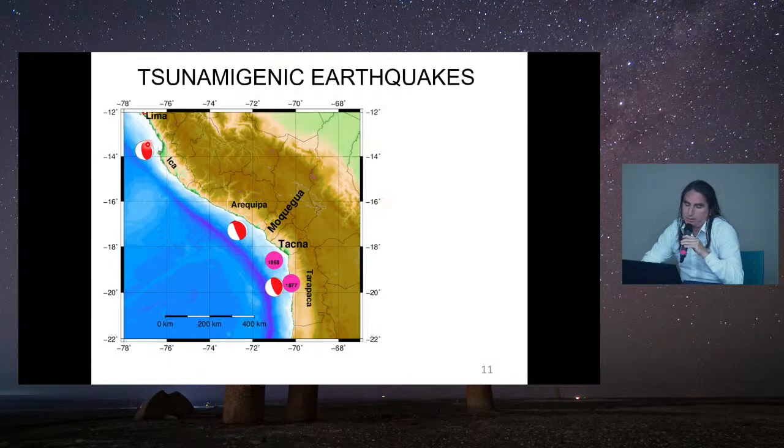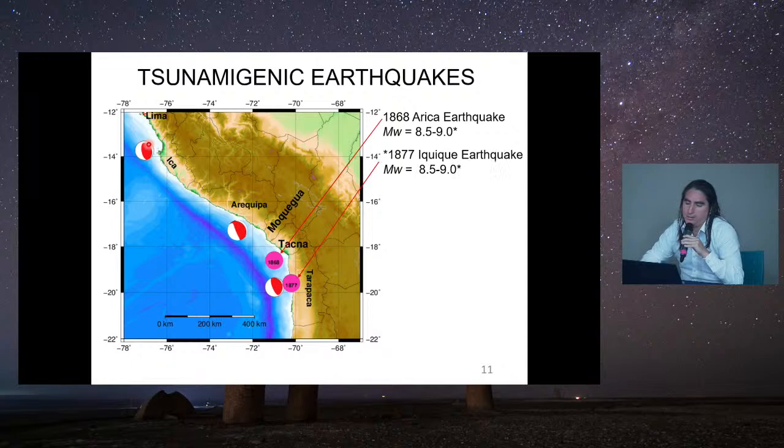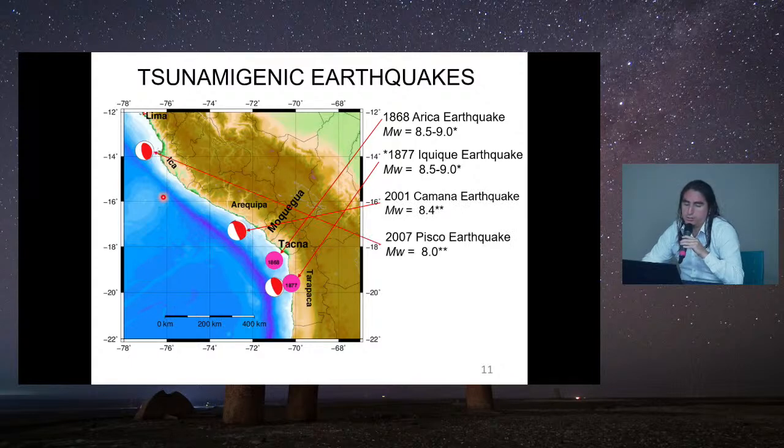These are the last tsunamigenic earthquakes that have happened in southern Peru and northern Chile. This is the 1868 earthquake. This is the 1877 earthquake, showing the epicenters. This is the Camana earthquake in Arequipa, the Pisco earthquake in 2007, and also the Iquique earthquake in 2014.